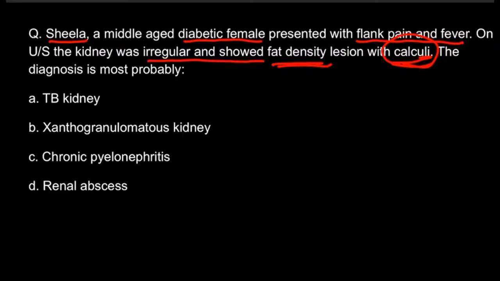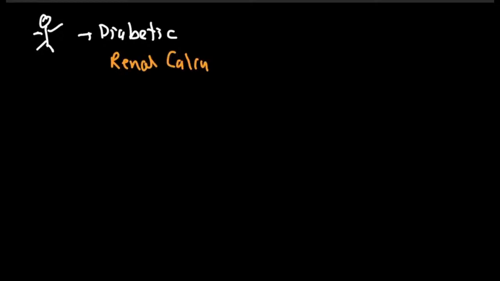Now, if you say that this patient is suffering from xanthogranulomatous pyelonephritis, you are correct. Let us evaluate this, guys. What is happening over here? A patient is coming to you. The patient is diabetic, no doubt. But the main thing is the patient is having renal calculi.